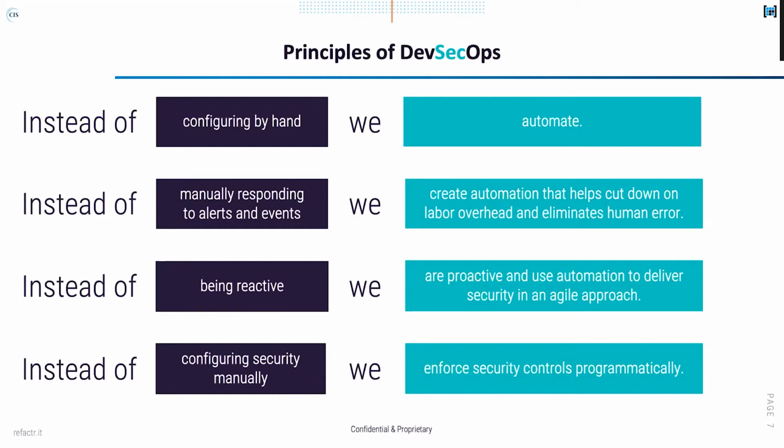And the fourth one is, instead of configuring security manually, we enforce security controls programmatically. So this goes to my point about remediation, where we really have to focus in on not just security controls and rules, but also how the infrastructure is created, how the configuration of everything is created. So it's not just about the security control or security tools that are able to enforce security controls or do assessments, but it's also everything else that goes around it.